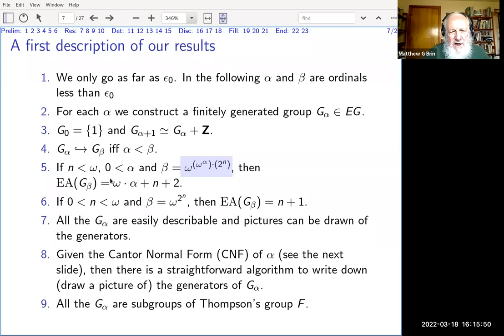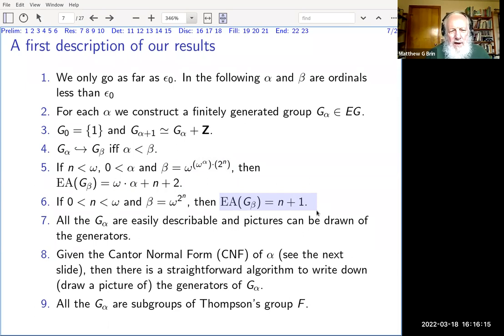If the alpha is not 0, it has this form. If the alpha is 0, then this is omega to the 0, which is 1. This is just omega to the 2n, and the EA class is just n plus 1. The formula is not too critical. It will show up a little later.